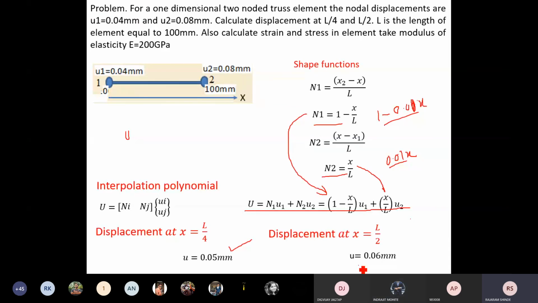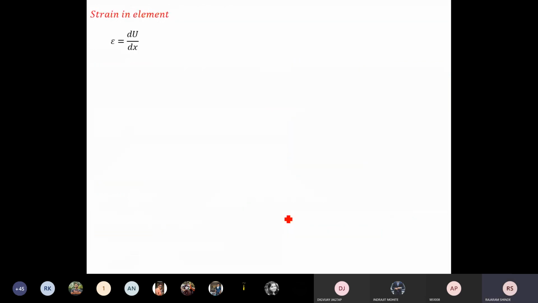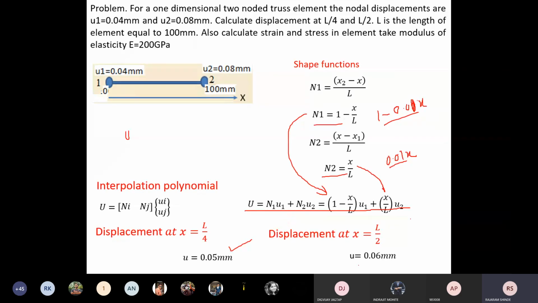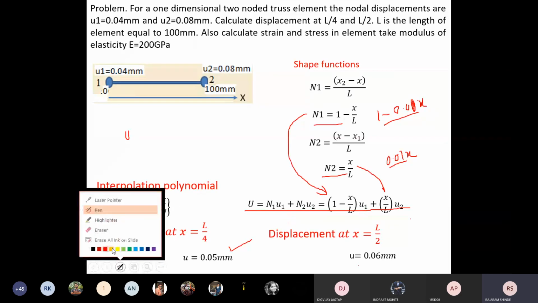After that you calculate the strain. For strain calculation you take the derivative of this. Strain in the element, epsilon, is equal to du by dx. Now you put the displacement equation here.